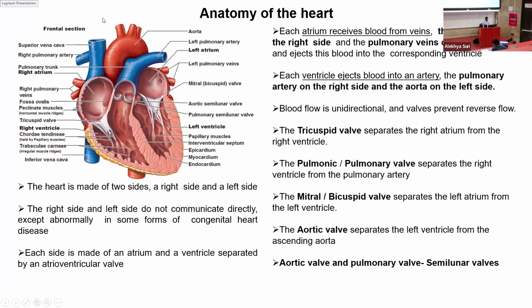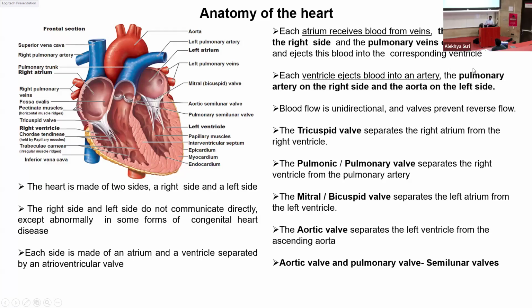In the case of the right side, the right atrium is connected with the vena cava, which is superior and inferior vena cava, which collects the blood from all parts of the body and takes it into the right atrium. And the left atrium is connected with pulmonary veins.